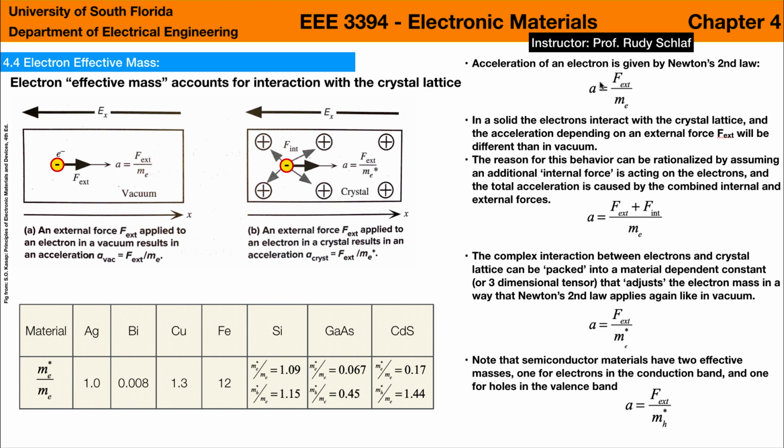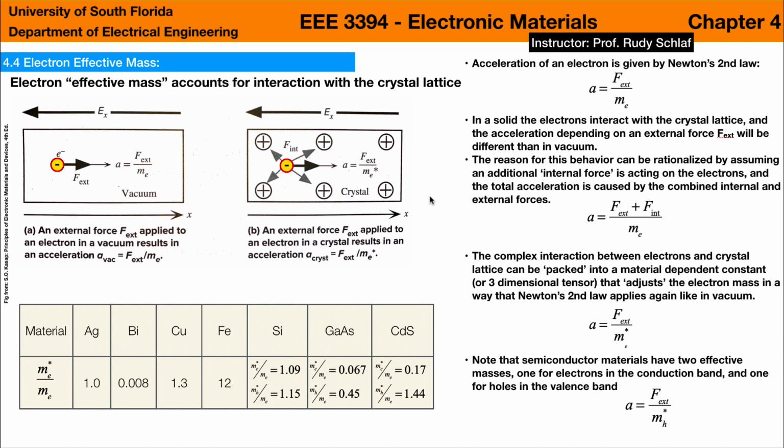If we accelerate an electron in vacuum, then the acceleration is simply given by Newton's second law. Now, if we put the electron inside a crystal lattice, of course then there are many interactions with that crystal lattice, and so we can expect that the acceleration with a given external force will be different for that electron.